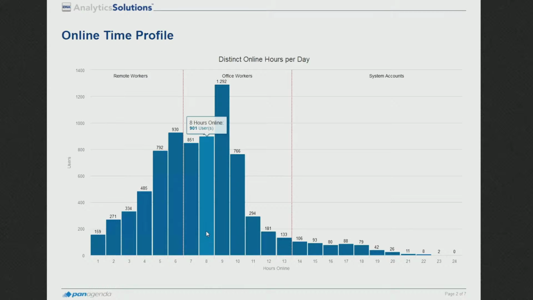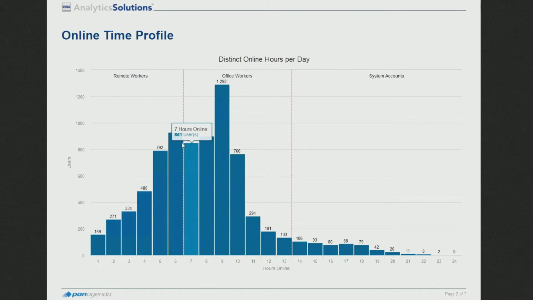So that means in this column we have 900 users and each user showed activity in 8 distinct hours a day, which could be a mail every hour in these 8 hours, or which could be heavily working with Nodes all over the day. So it's very common that you find in an environment the peak around 8-9 hours a day, because the average time a user spends in the office is around 9 hours. So most users are between 8 and 10 hours, including the breaks.